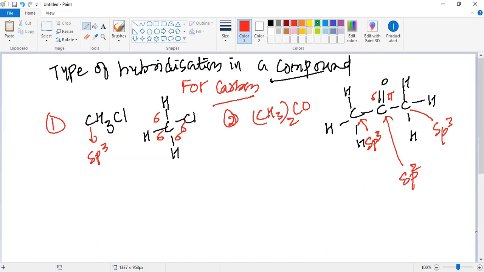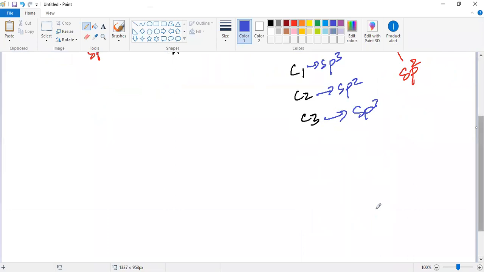Now if we give them numbers, this is C1, this is C2, and this is C3. So C1 has sp3 hybridization, C2 has sp2 hybridization, and C3 has sp3 hybridization. This is how we can understand.